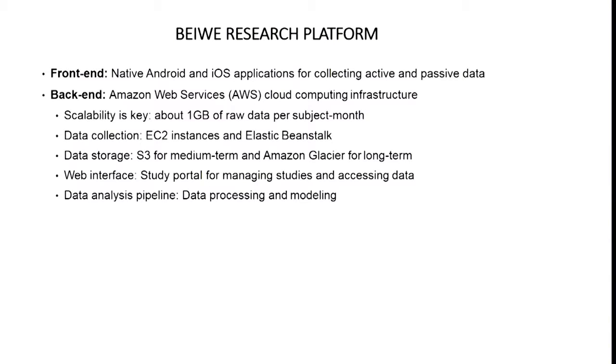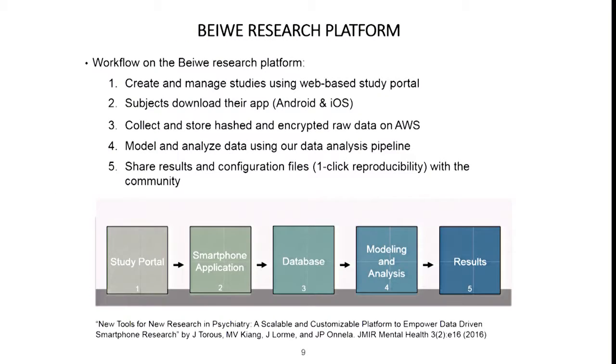So the computational model is that rather than trying to download all the data, we try to do the analysis where the data sits. And as part of the backend system, we also have, for example, a web interface that enables us to manage studies and so on. We've also built something that we call the data analysis pipeline, which integrates data from multiple streams and tries to make sense of the data that we've collected.